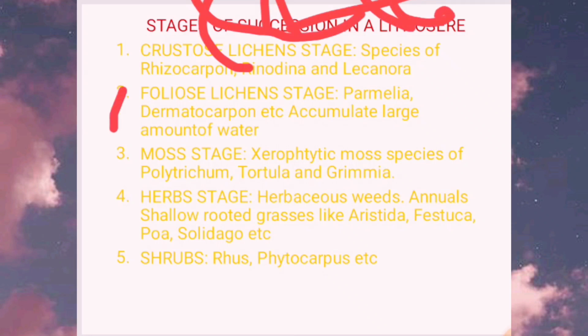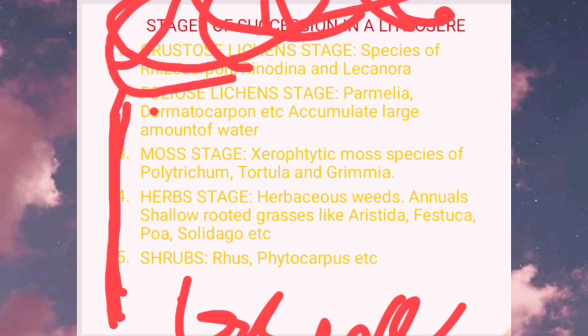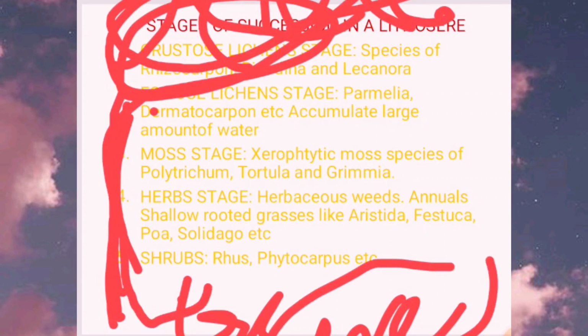The stages between the pioneer community and the climax community are called seres, or developmental stages. So the first stage is the pioneer community, the last is the climax community, and the rest are developmental stages, or seres.